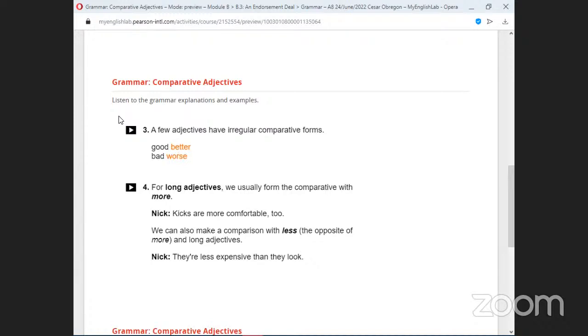They are irregular because when they become comparatives, they change completely. Just like the irregular verbs, it's the same scenario here with these adjectives.